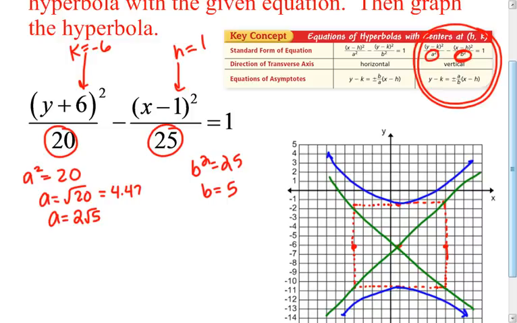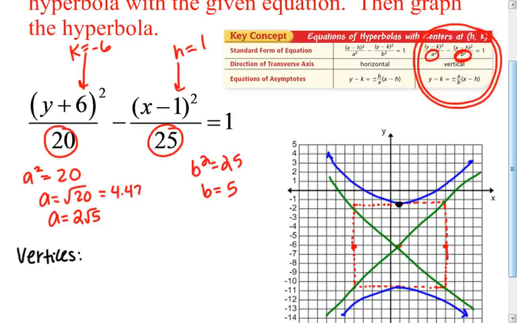All right, so we need to find some things. First of all, let's talk about where our vertices are. Obviously this is one of those points right here. Now you need to think about where you are on the coordinate grid. If you look at your x value, you know that you're 1 over.